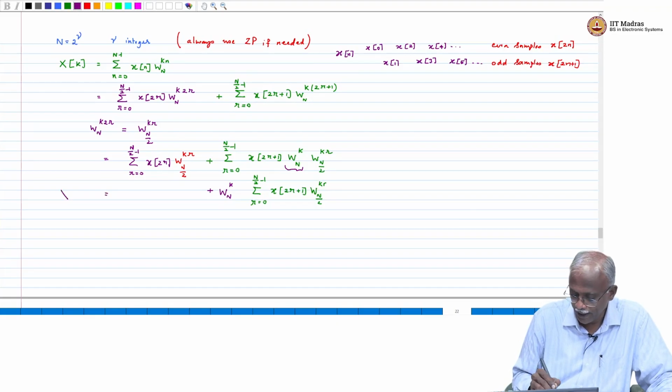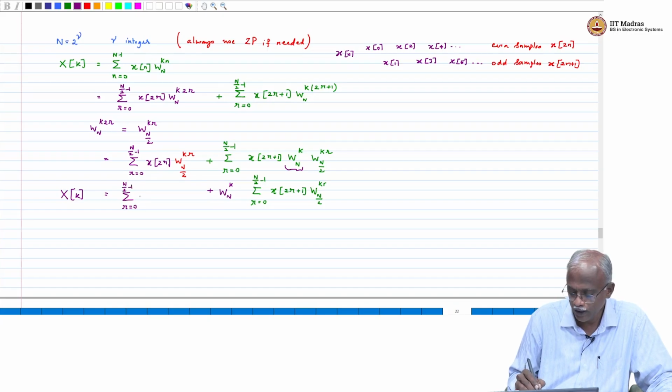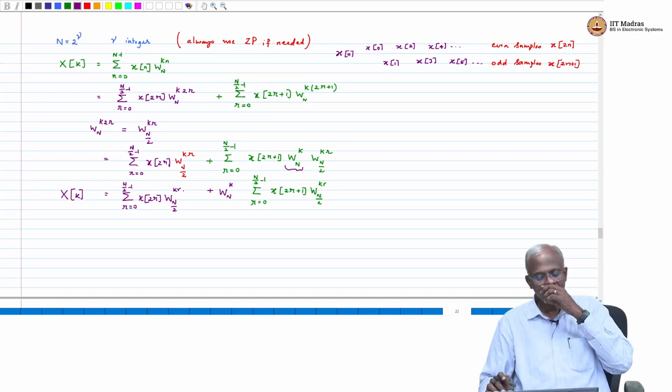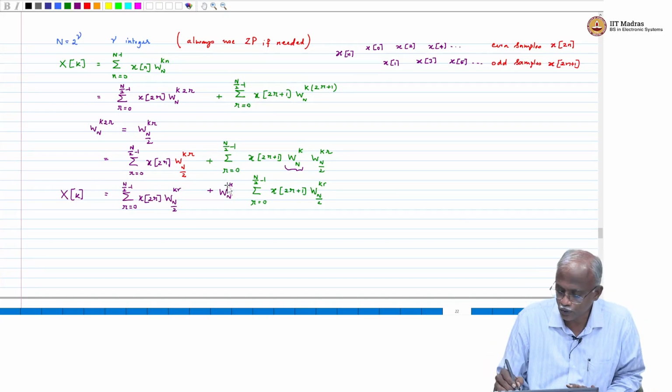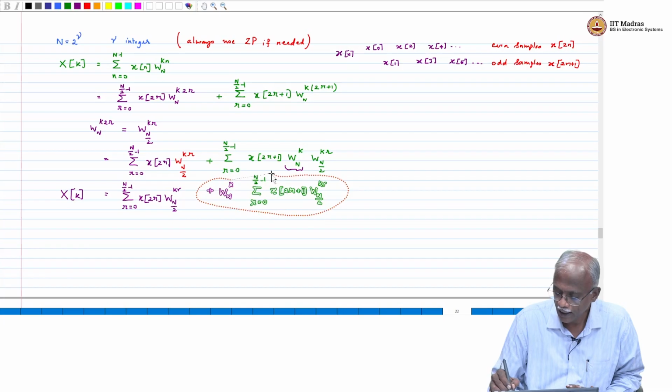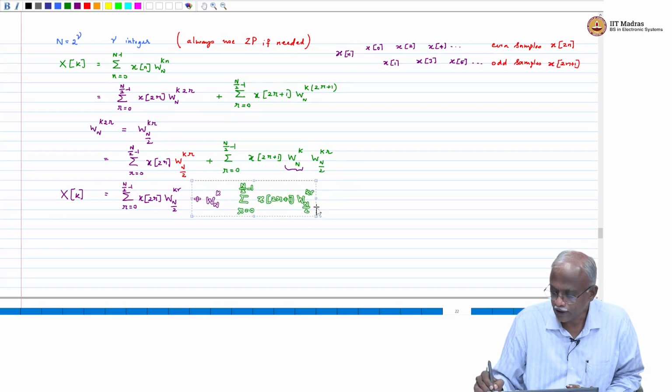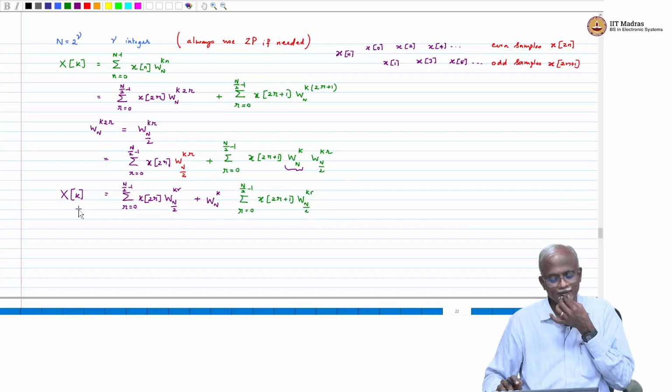This is equal to, so X[k] can be written in the following form: the sum over r equal to 0 through N/2 minus 1 of x[2r] W_{N/2}^{kr}. Okay, now you have these two expressions as the composite expression for the DFT computation.